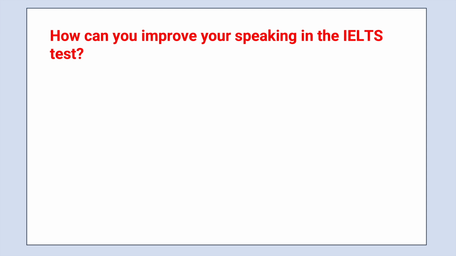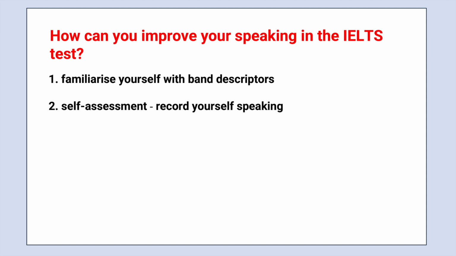So how can you improve your speaking in the IELTS test? Well, firstly, familiarise yourself with the band descriptors. Know what the examiners are looking for. Two, self-assessment. Record yourself speaking so you can then go back and listen. Did you repeat yourself? Were there pauses? Did you give an example? This is something you can do on your own. Feedback can come from your peers or yourself.